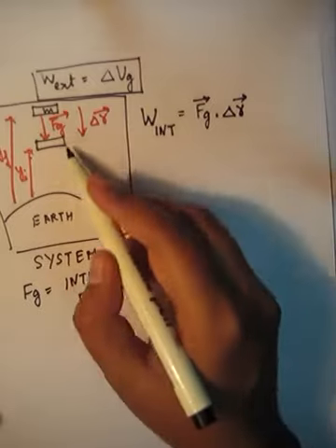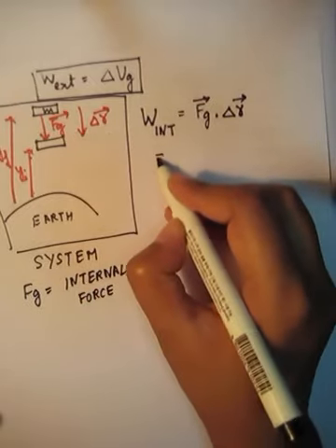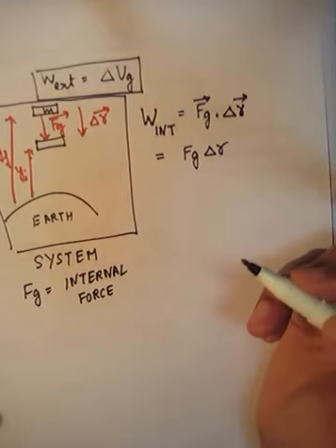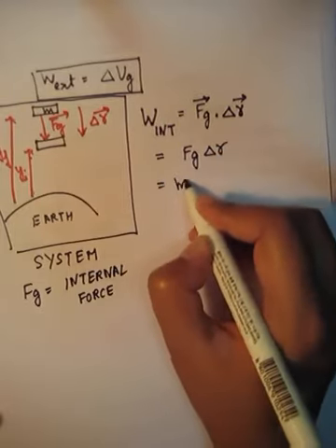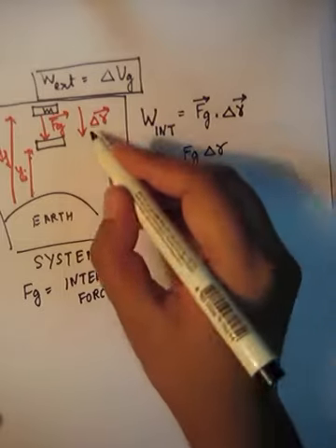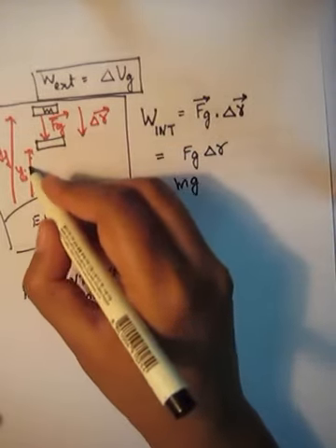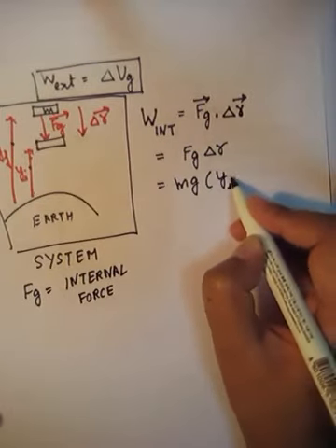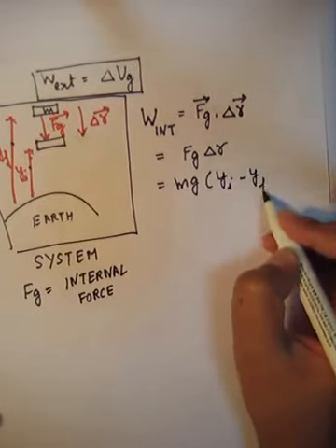Okay, now again they are in the same direction, so what we'll get is Fg into delta R. Now what is gravitational force? It is mg, mass into gravity, into delta R. Now what should be delta R? yi minus yf.